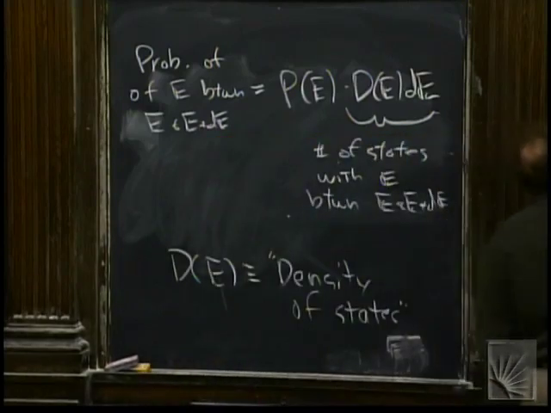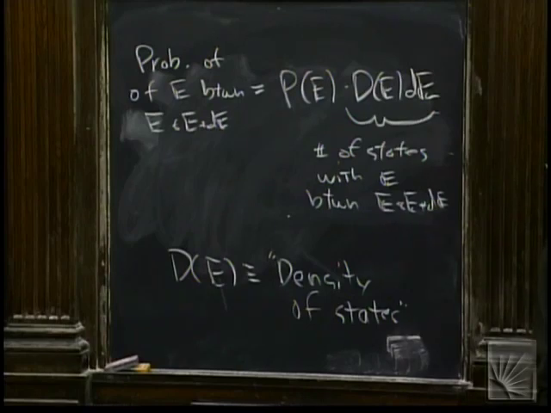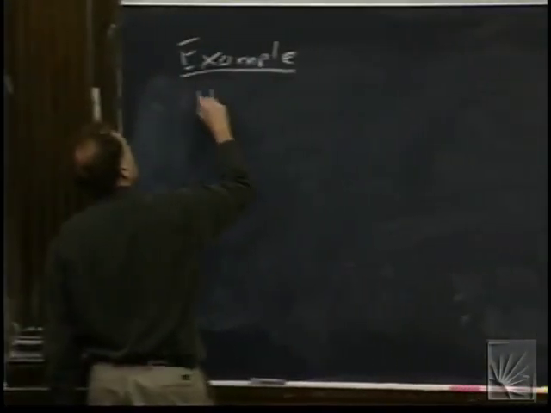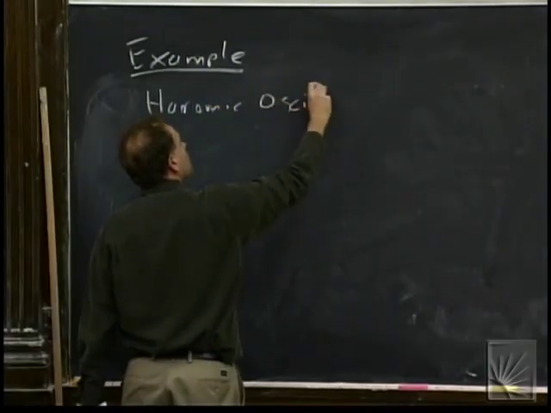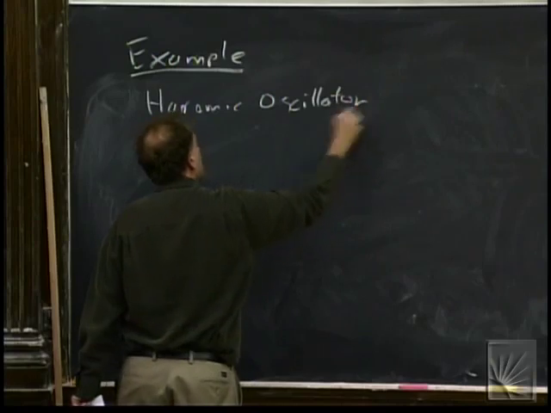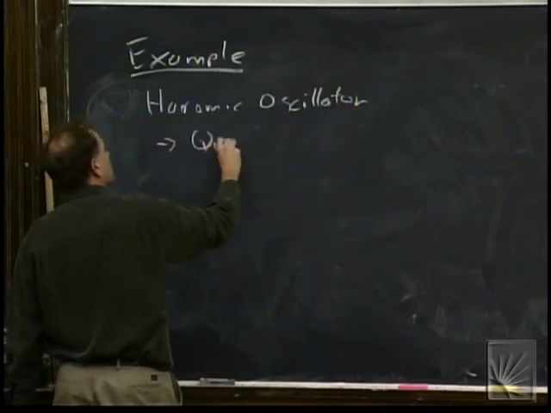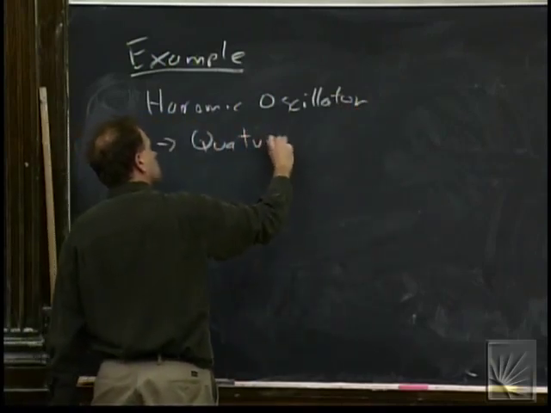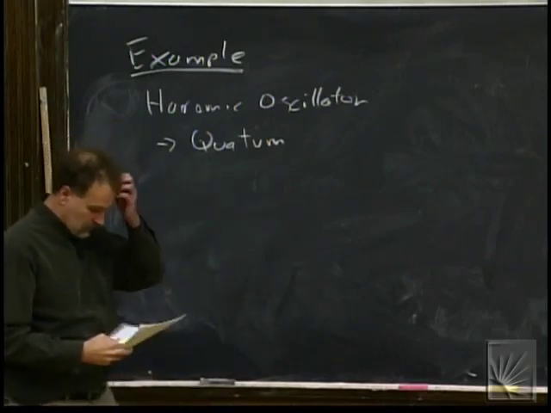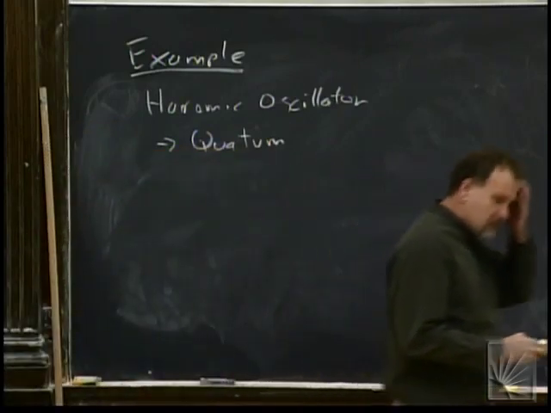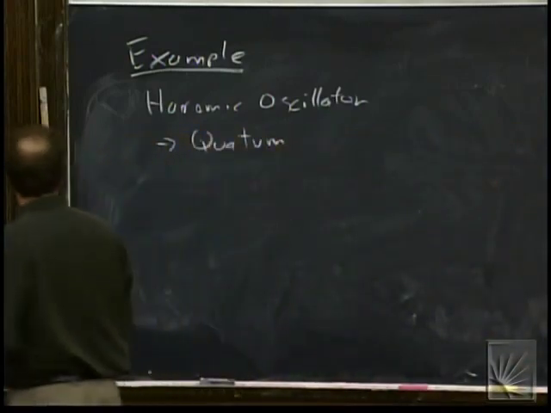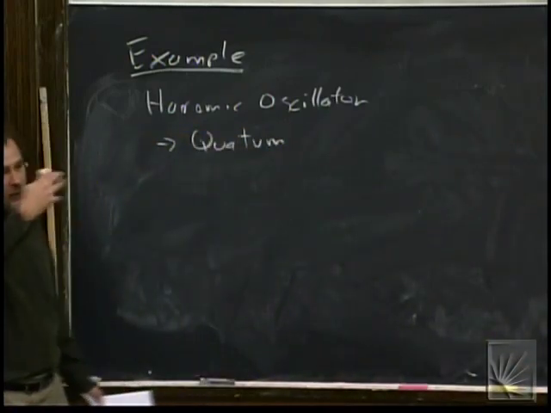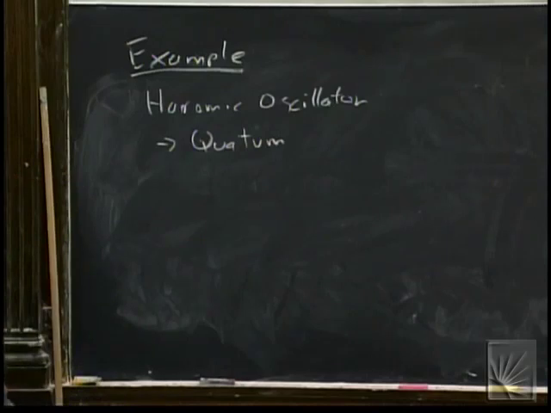So an example, this is in the book, the harmonic oscillator with the quantum version. Let me do the example, and then I'll give kind of a more general formula. And maybe the formula will make more sense if I do it this way, rather than give you the formula and then calculate the example.